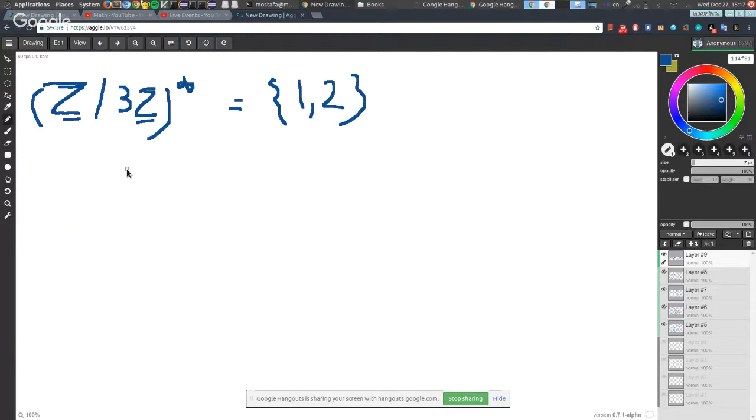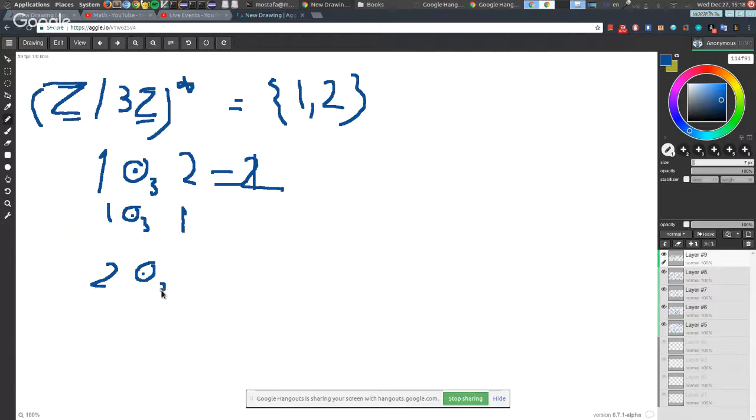The operator here is that we make a multiplication and take the remainder. Here the multiplication of 3 is equal to 2, and then we have to make sure that all the possibilities are indeed true.